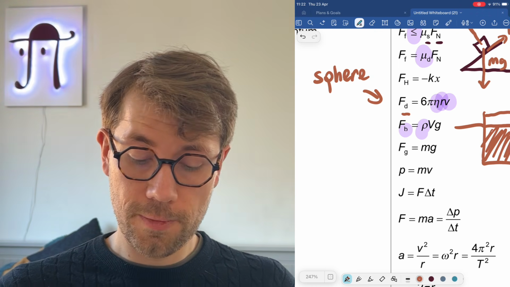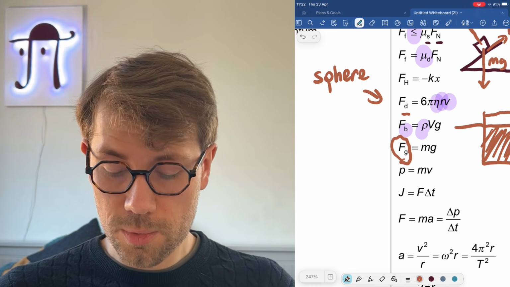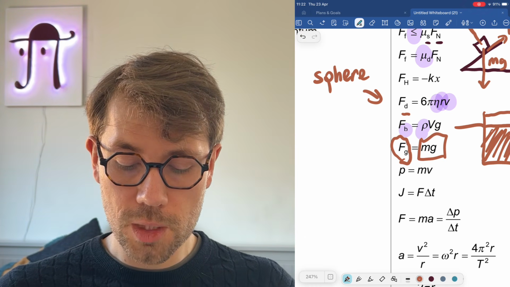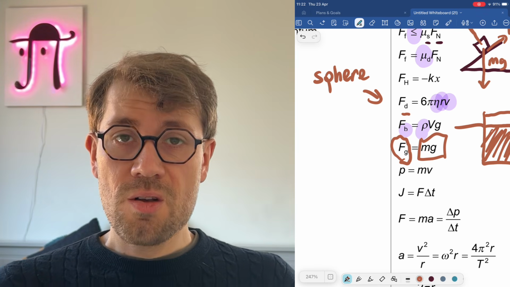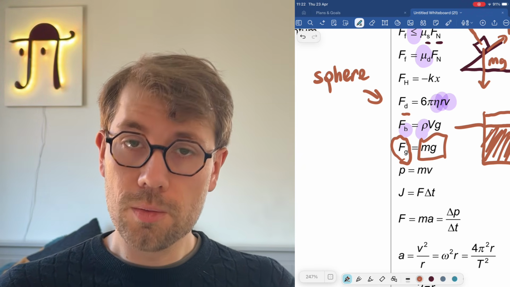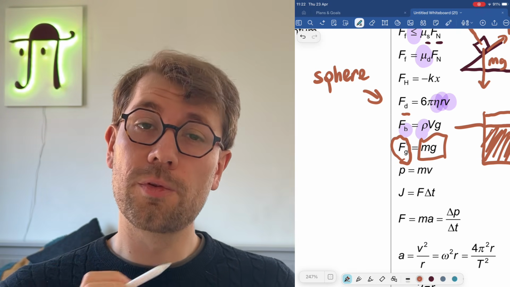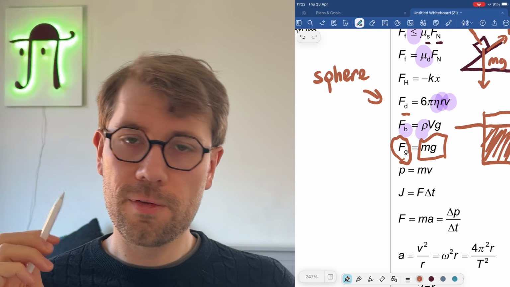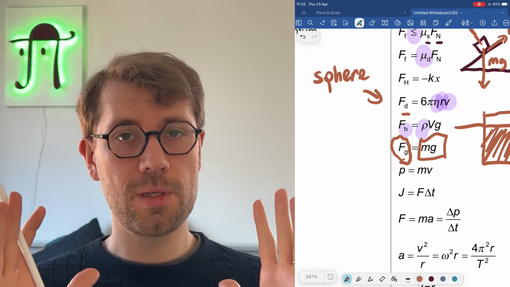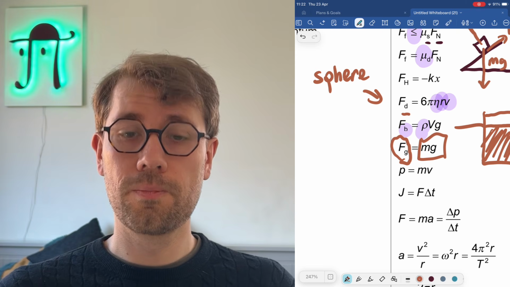Then we've got the equation for weight. Here it's talking about the force due to gravity, but generally we just refer to weight as mg. Not much to that really. We'll move on. P for momentum. Momentum you can think of as how difficult it is to stop something. If something is really massive and you want to try and stop it, it's going to be really hard. If it's moving really fast, it's going to be really hard too.